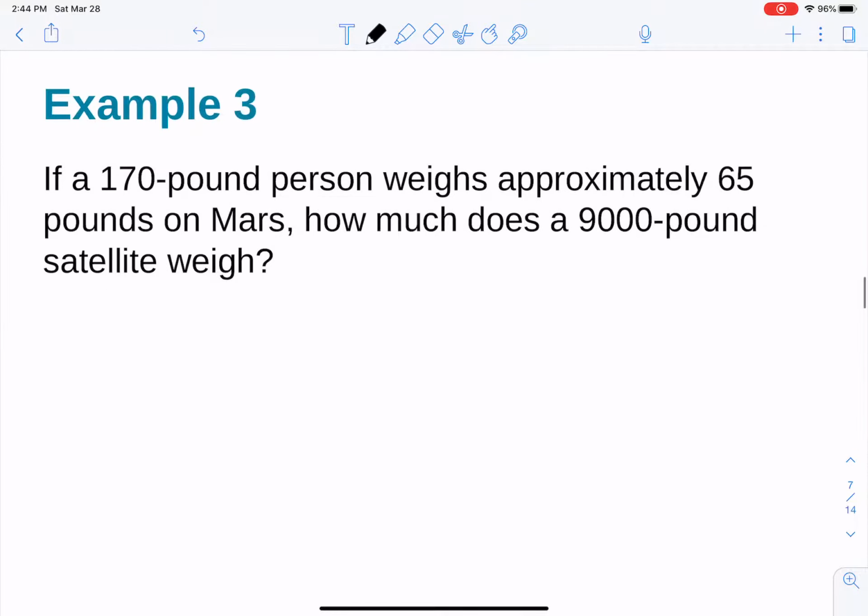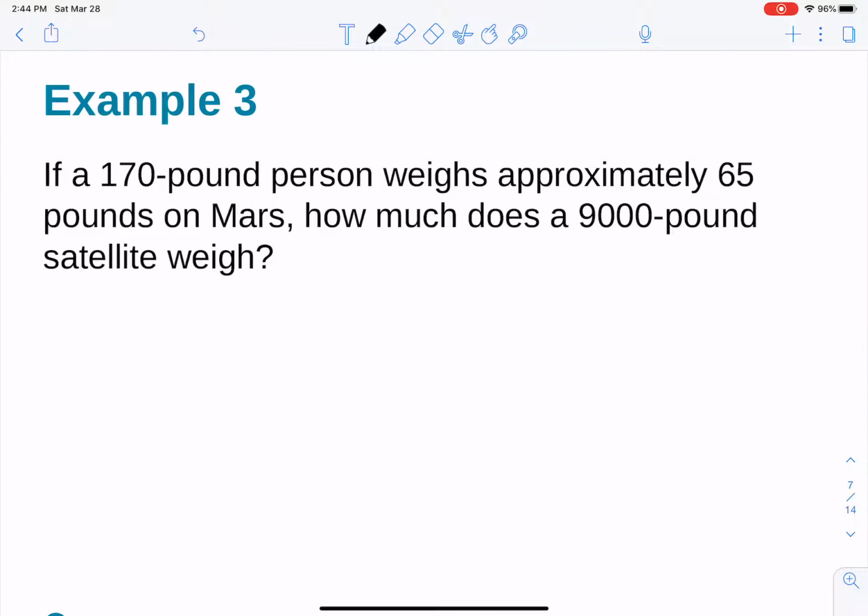So here is a word problem. A 170-pound person weighs approximately 65 pounds on Mars. How much does a 9,000-pound satellite weigh?